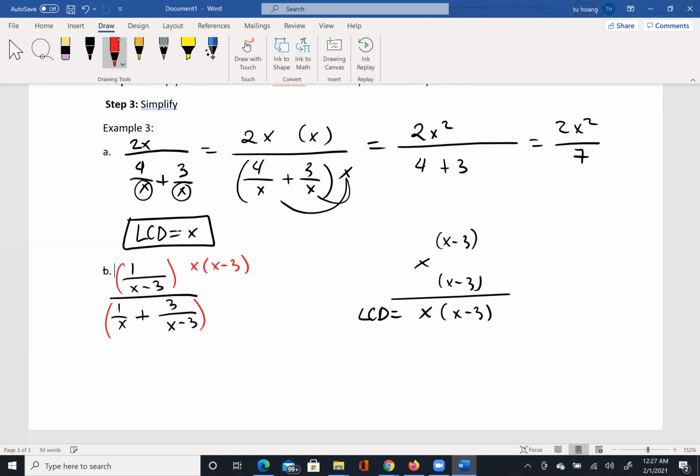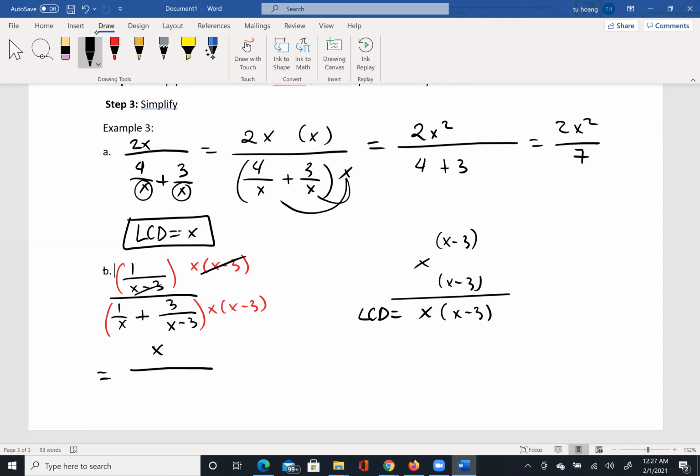And the bottom will do the same, x minus 3, right? So now what do I have? The top is going to be just x, right? X, because this cancels. So the top one is just x.